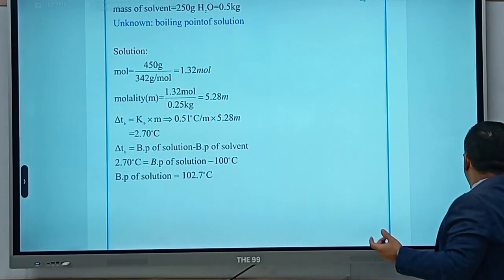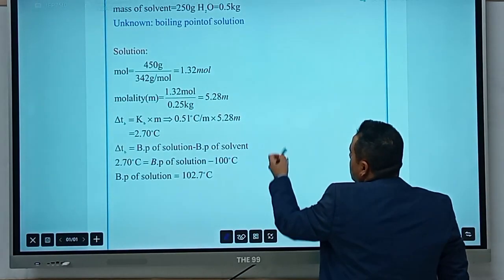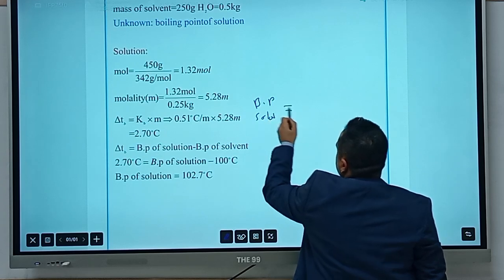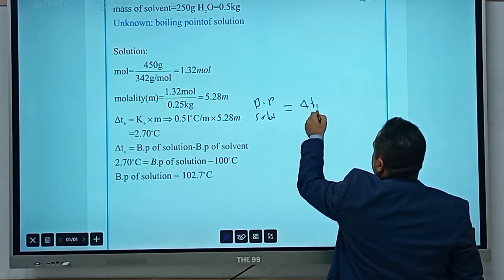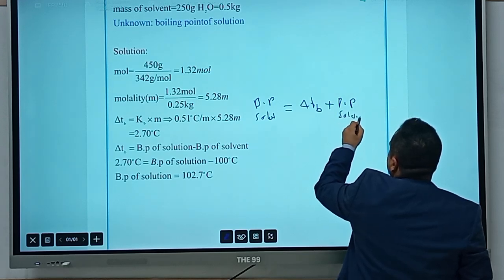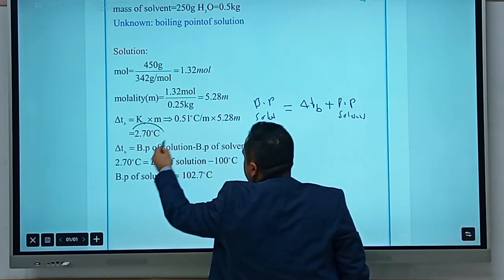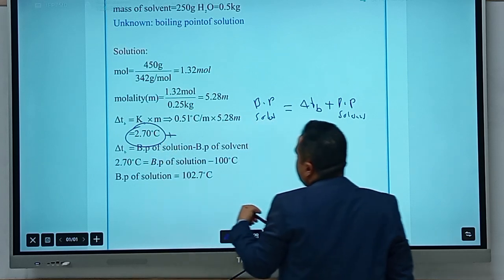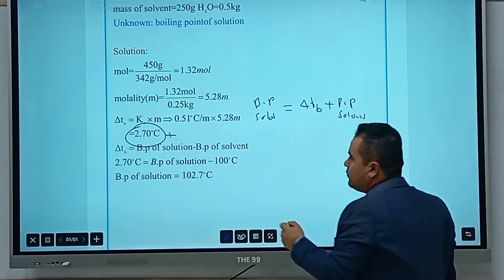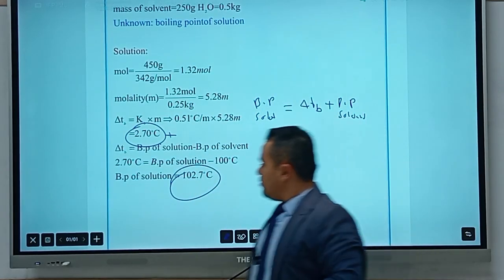And in order to find the boiling point of the solution, it is equal to delta TB plus the boiling point of the solvent. The delta TB is 2.7, plus the boiling point of the solvent, which is 100, so it will be 102.7 Celsius.